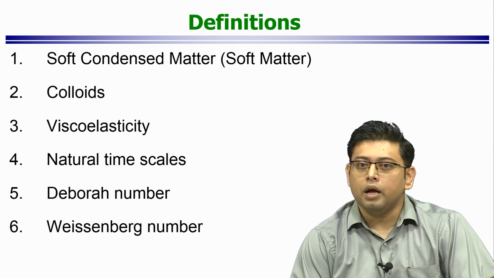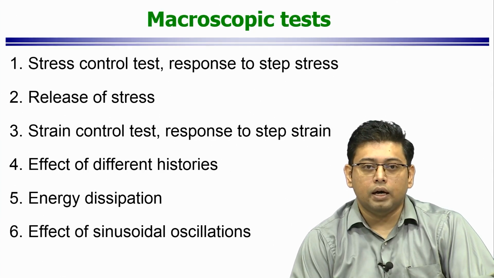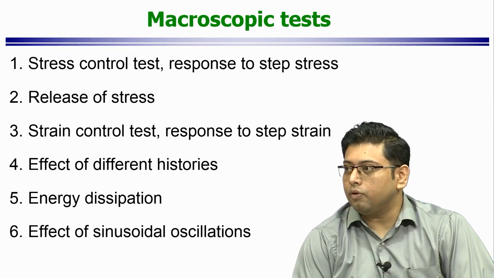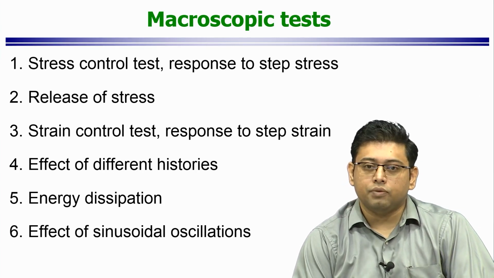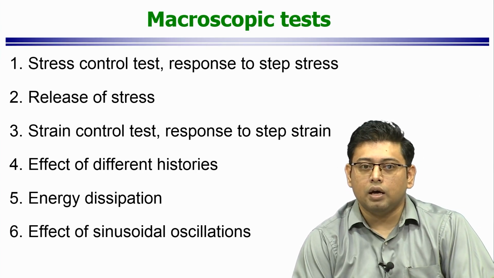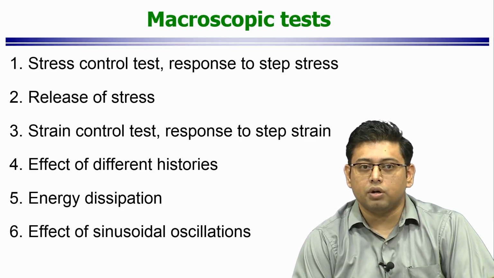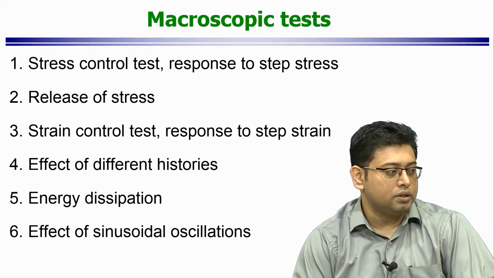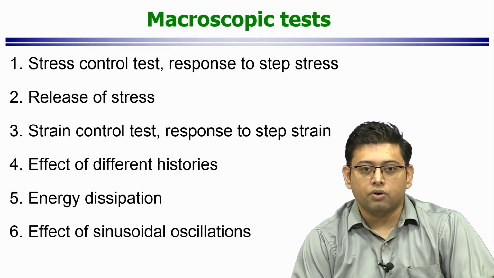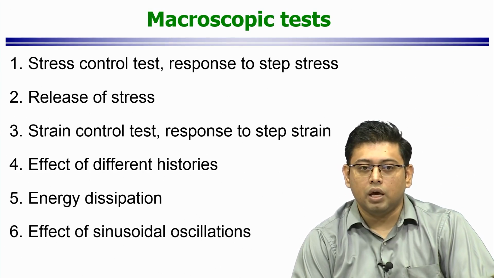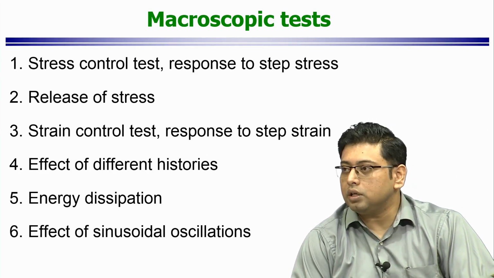Once we did that, we decided to take a macroscopic formulation for viscoelasticity, and we saw that the basis of that can be tested by 6 important tests, including the stress control test, the release of stress, the strain control test, and the effect of different histories, energy dissipation, and effect of sinusoidal oscillations.